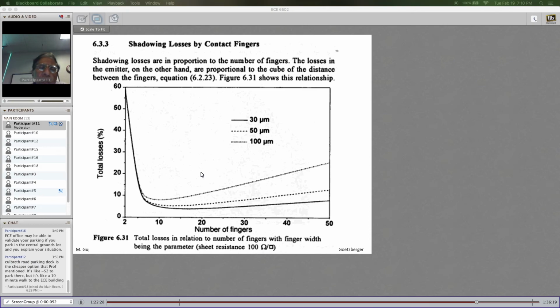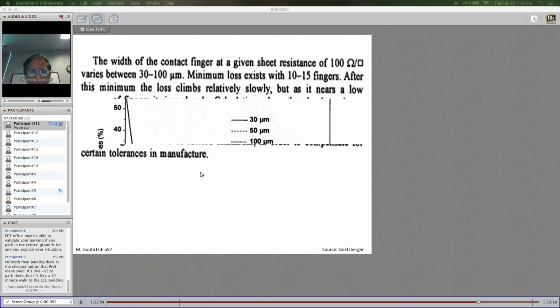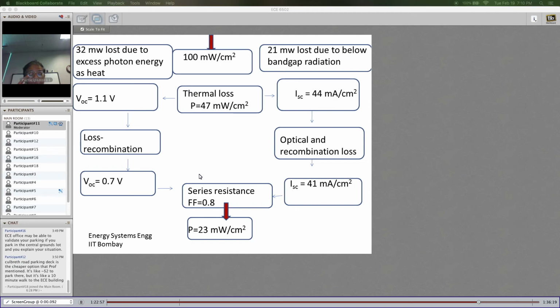If you put too few, the loss becomes high because then you have too much recombination also. So you want 30 micron at least, with 10 or 20 fingers, to get low loss. If you put too many fingers, then the loss increases also. So that's the loss due to shadowing.